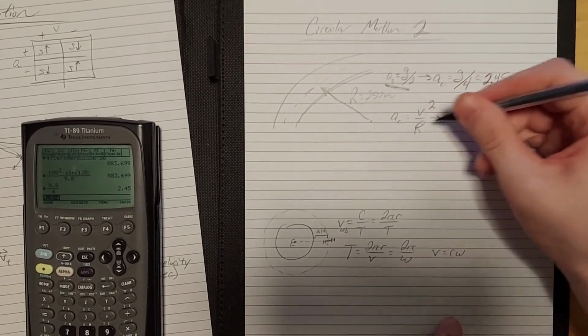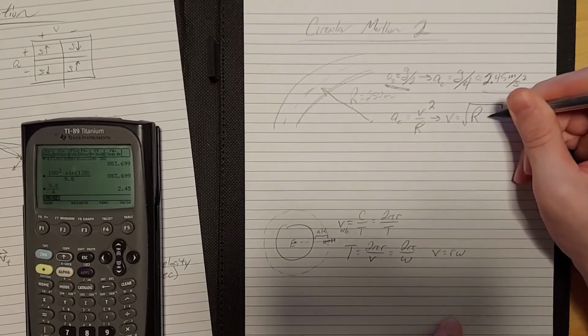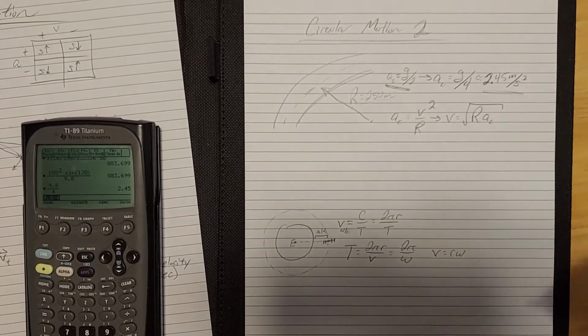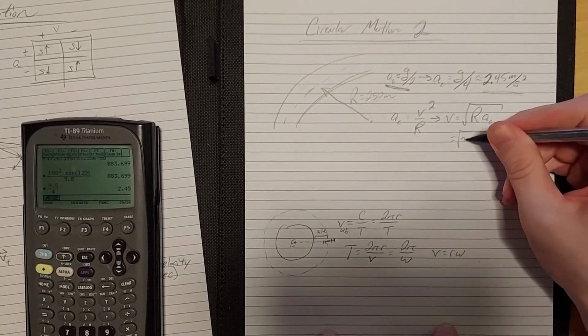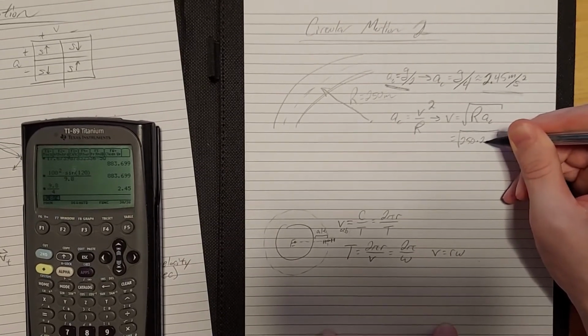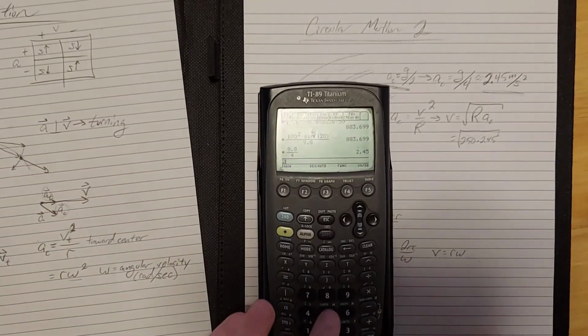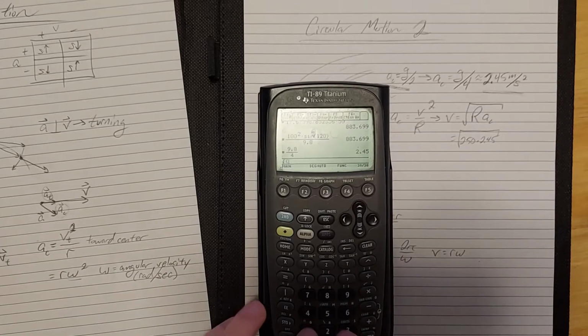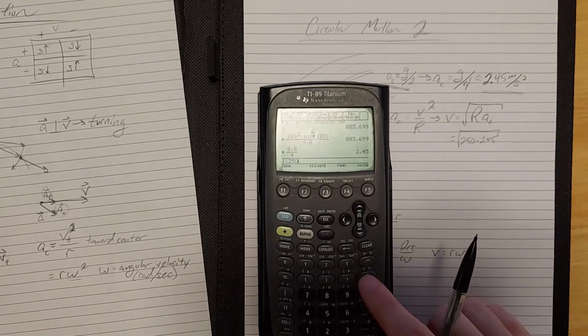And so we need to solve this for v. Multiply by R, take a square root. v is going to be the square root of R times a_c, however you want to write it, square root of 250 times 2.45. Actually, I think it's going to be way too low, but these numbers are just made up. The purpose isn't to get realistic numbers, because I think the radius is way too small for a highway.